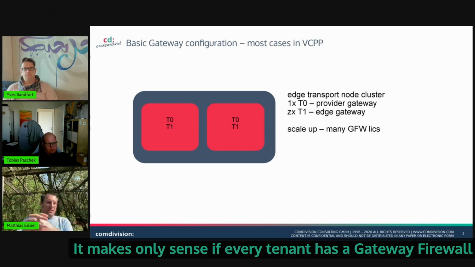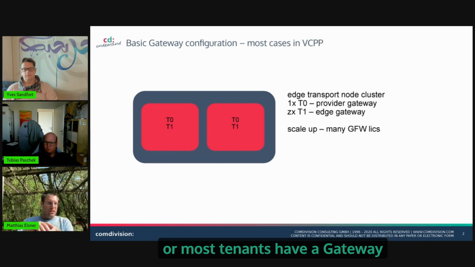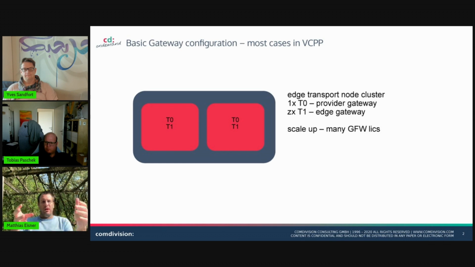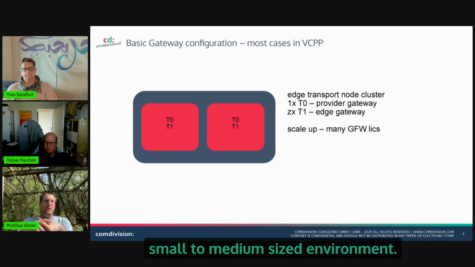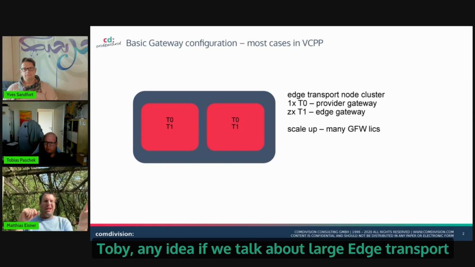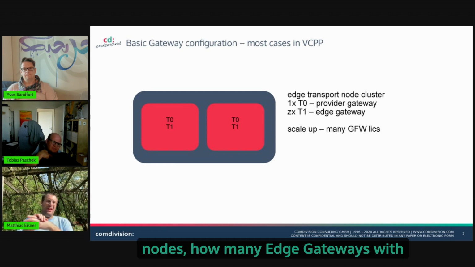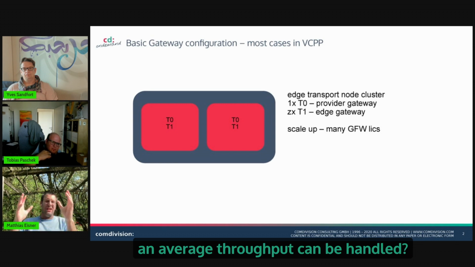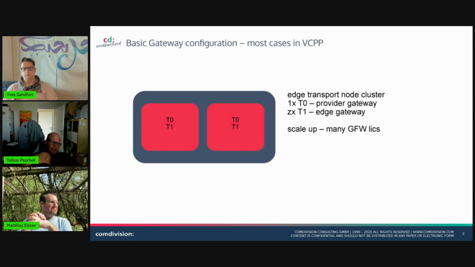It makes only sense if every tenant has a gateway firewall, or most tenants have a gateway firewall. So I think that's more like a small to medium-sized environment. Toby, any idea if we talk about large edge transport nodes, how many edge gateways with an average throughput can be handled? 50? Yeah, 60?